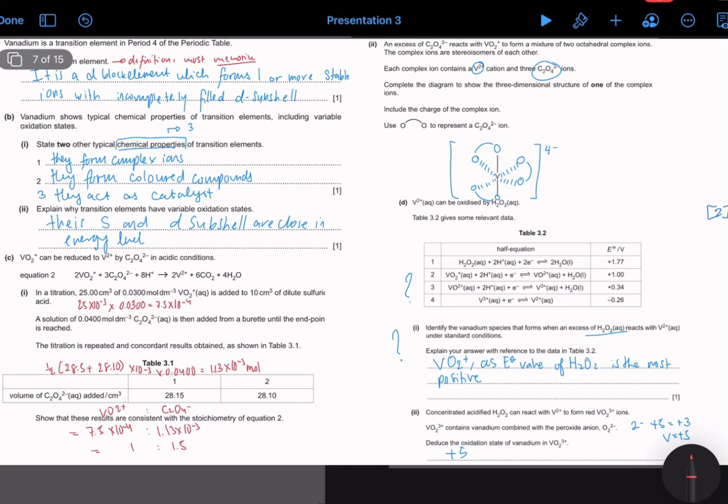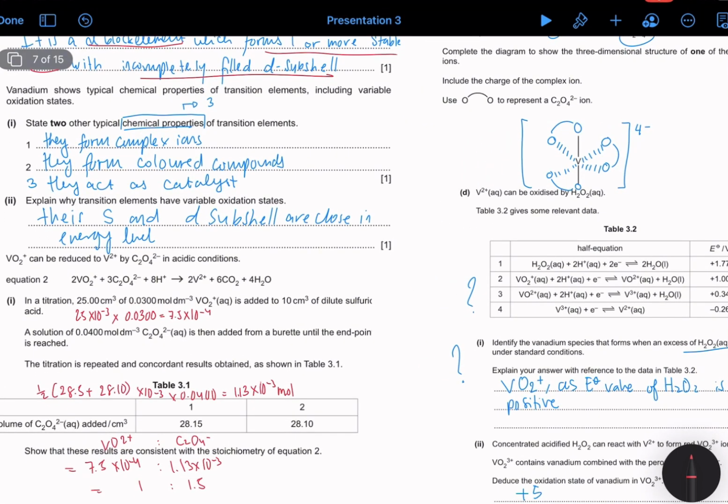So for 3a, what is a transition element? It is a d-block element which forms one or more stable ions with an incompletely filled d subshell. That is the standard answer. Mention it is a d-block element which forms one or more stable ions with an incompletely filled d subshell.